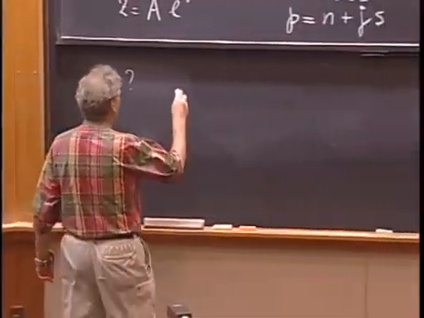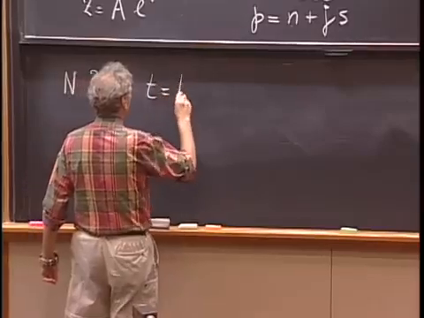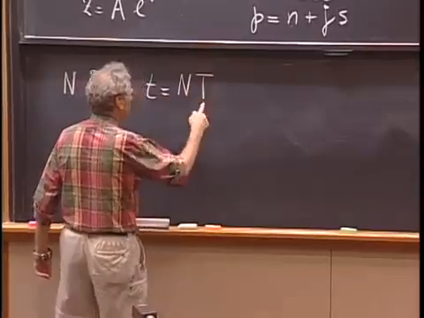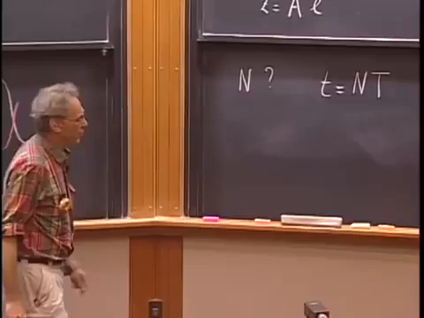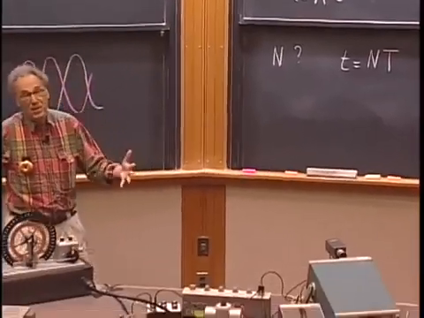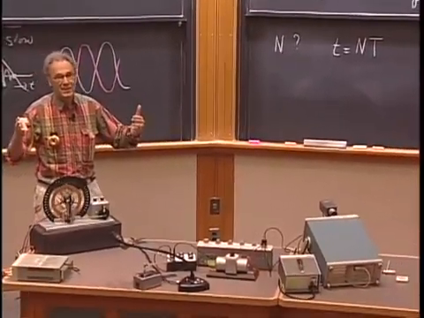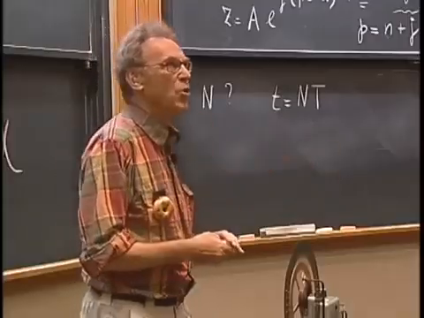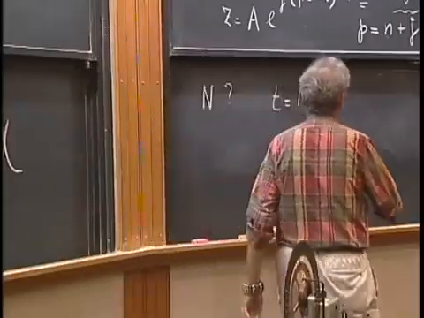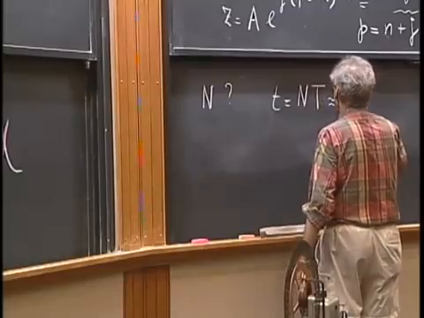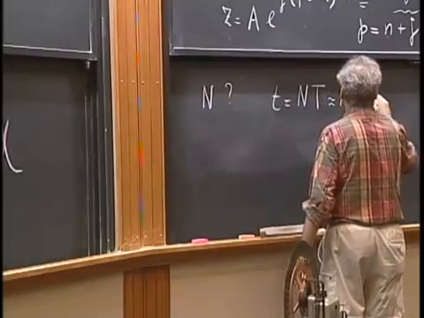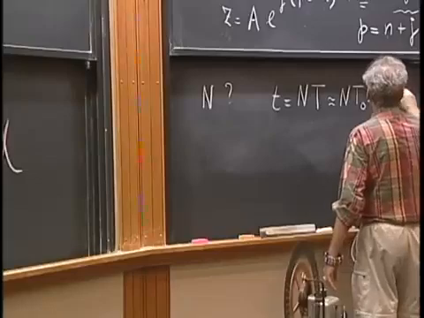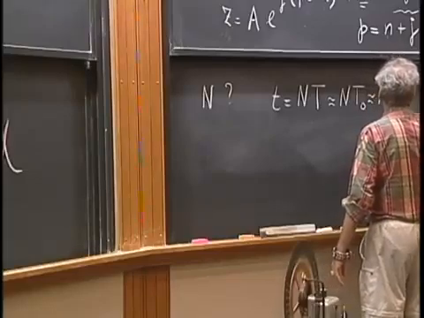Well, n oscillations would take this long, T being the period of one oscillation. But for reasonable values of Q, T and T0 are the same, like omega and omega 0 are closely the same. So I can write for this that this is approximately n times T0, so that's approximately n times 2 pi divided by omega 0.